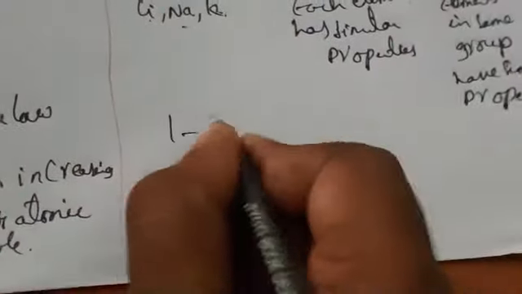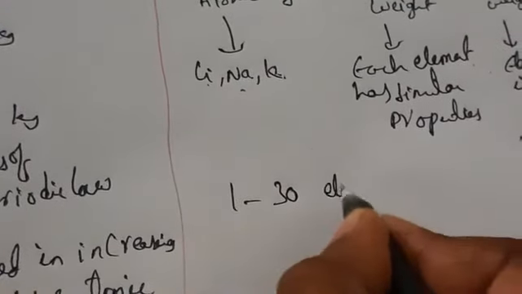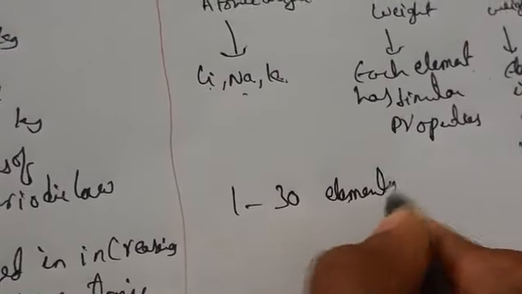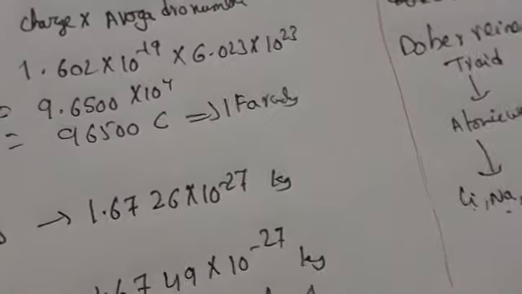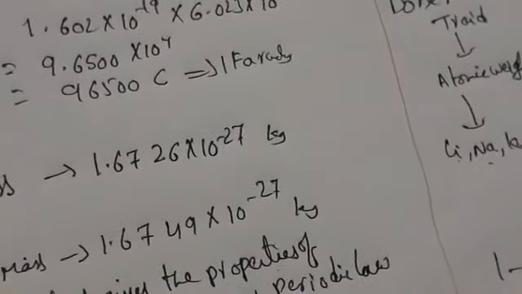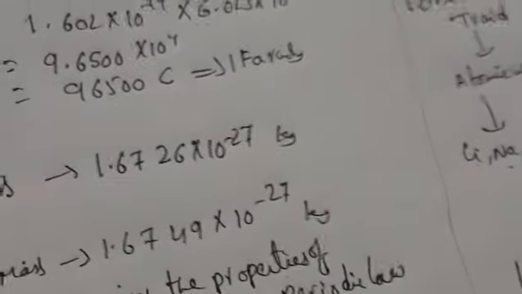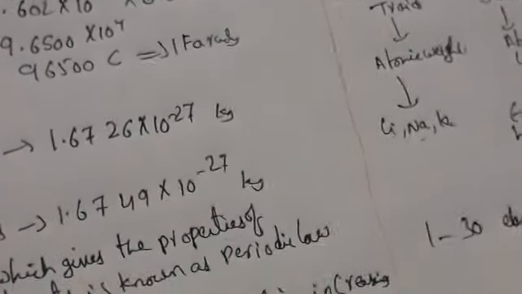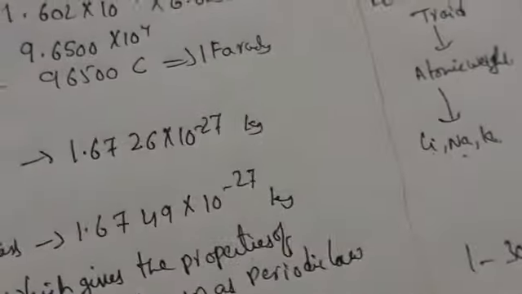We have the 1 to 30 elements which we studied in our previous classes. What are their atomic numbers? Hydrogen, helium, lithium, and so on; like this we have to learn the periodic table.